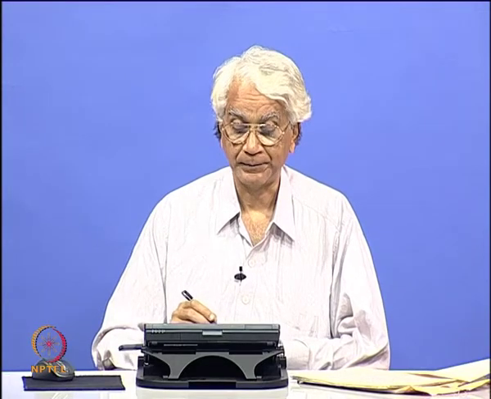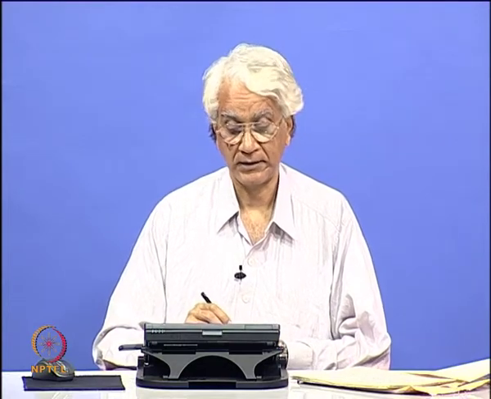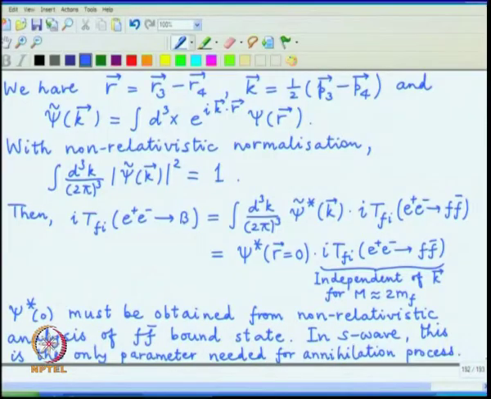Annihilation means the particle and antiparticles have to come on top of each other. That can happen only in S wave. The other waves have no amplitude at the origin, and so the amplitude at the origin psi star 0 actually dictates the probability of F and F bar coming together on top of each other, and L equal to 0 dynamics of the process guarantees that that is the only parameter which should be present in the calculation.